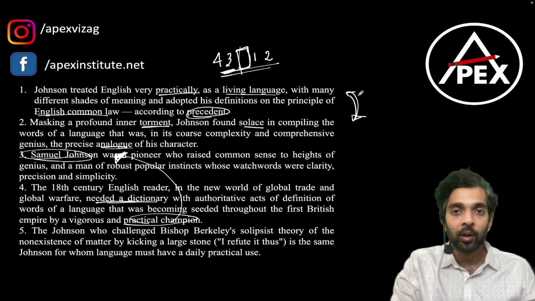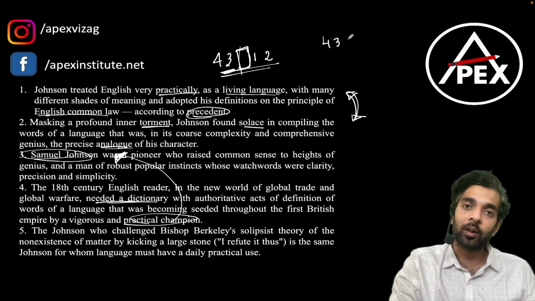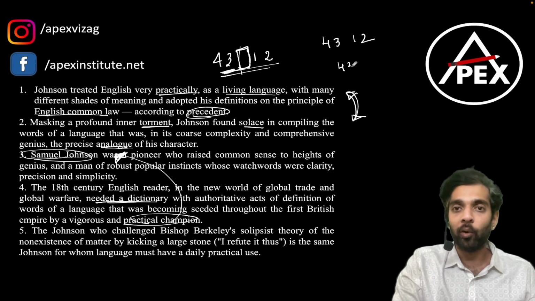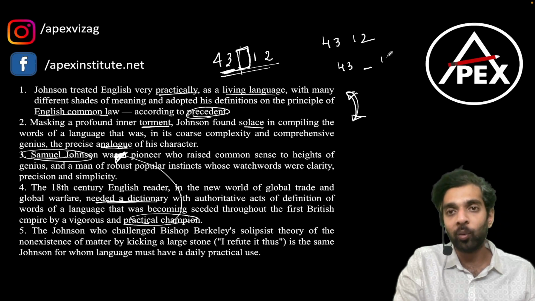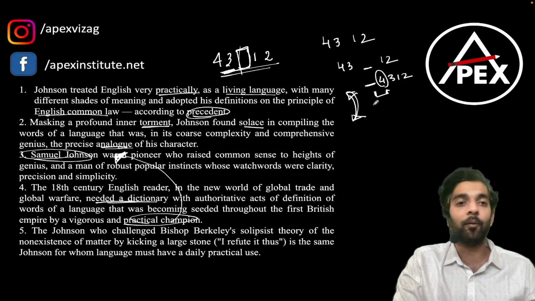Now we have to see whether it will be 4, 3, 1, 2, or 4, 3, something, then 1, 2. The only possibility for this is that this statement should be more general than 4.